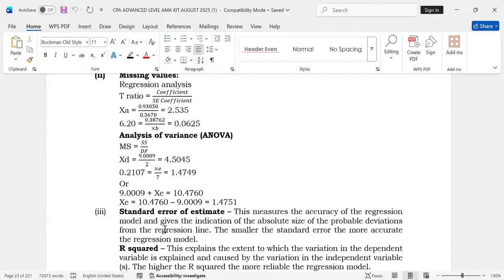This measures the accuracy of the regression model and gives the indication of the absolute size of the probable deviations from the regression line.